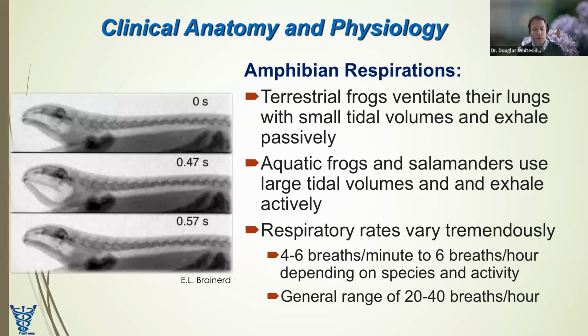And so there we're talking about basically anywhere from 0.3 to 0.2 breaths per minute. So when we have them under anesthesia, we don't actually have to breathe a lot for amphibians to make sure that they're actually successfully and effectively ventilating their lungs.